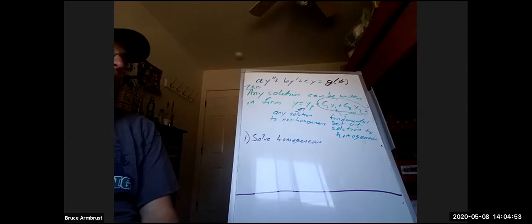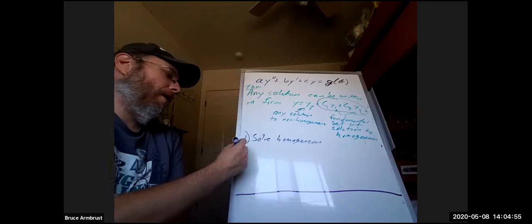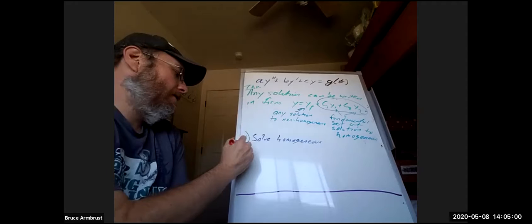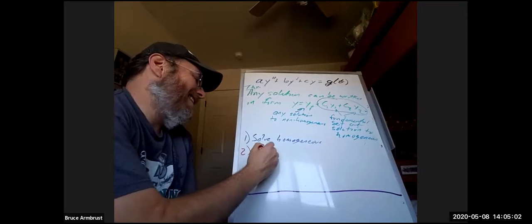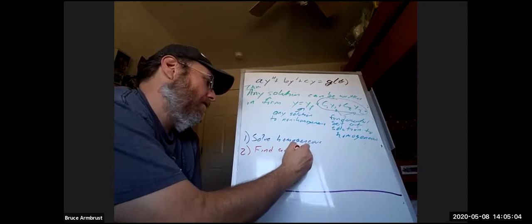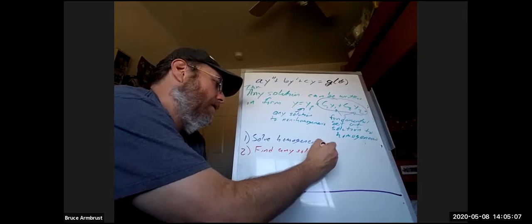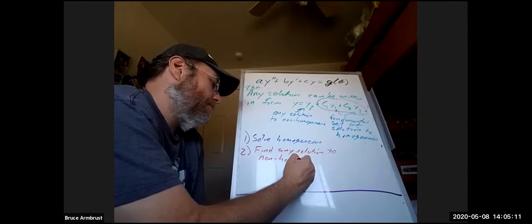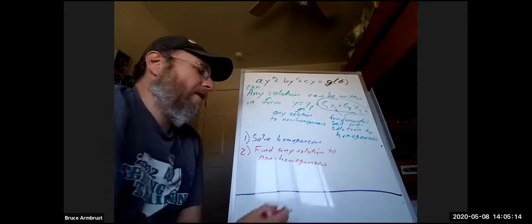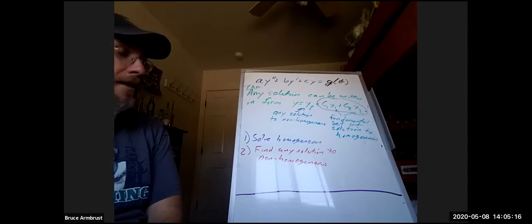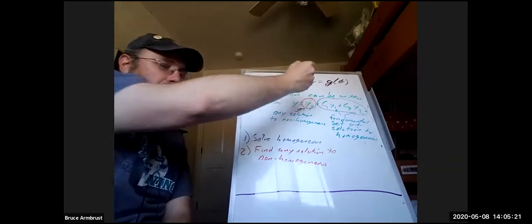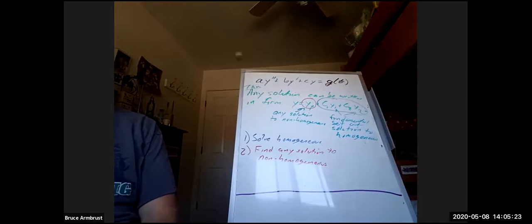Okay, so then comes the second part, and this is the much more difficult part. The second part is find any solution to the non-homogeneous. So we don't have to find a general solution or anything like that. We just need to find a solution. Any solution we can come up with, that's the one that we want to use.